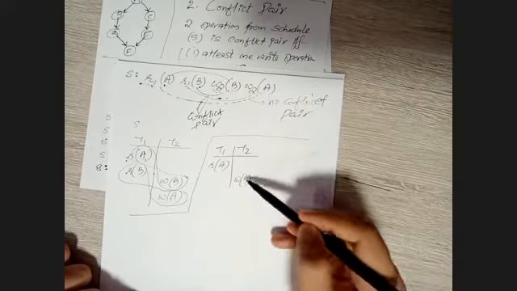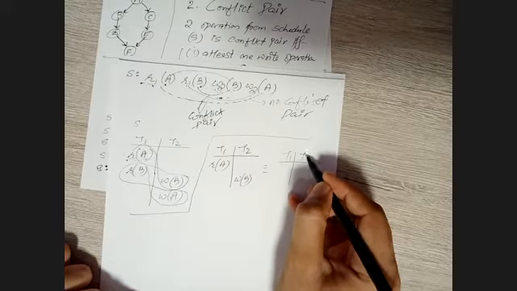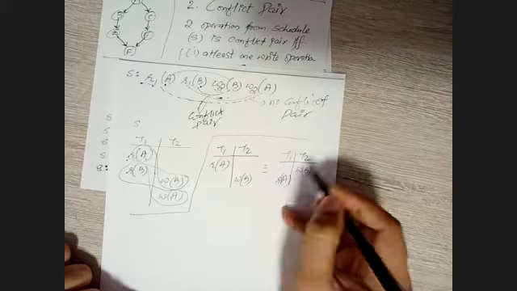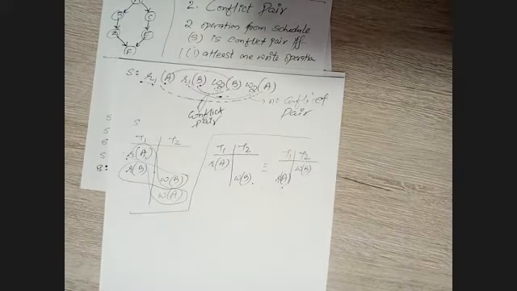Because different data items. You can execute in any order. Let's say W of B first and then R of A. Both are equal. There is no conflict. But the result of a conflict pair always changes on changing the order. So always remember, we do not change the order of a conflict pair.